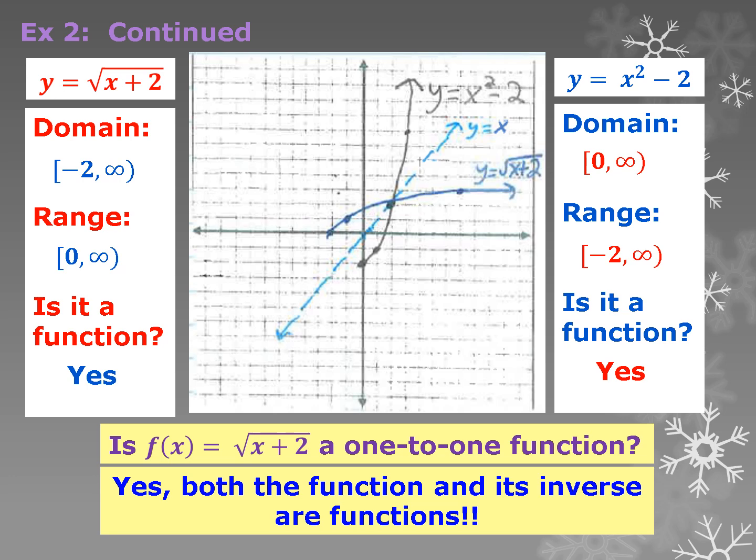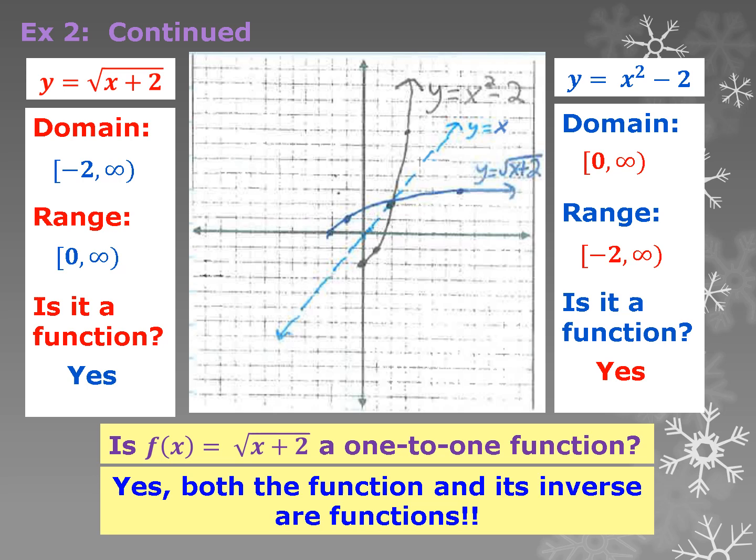So let's sum up what we've looked at in regards to example 1 and example 2. When we're just forming the straight inverse, if we start with an original function that is a parabola, our inverse will be a parabola that opens to the side because, again, it's a reflection over y equals x.